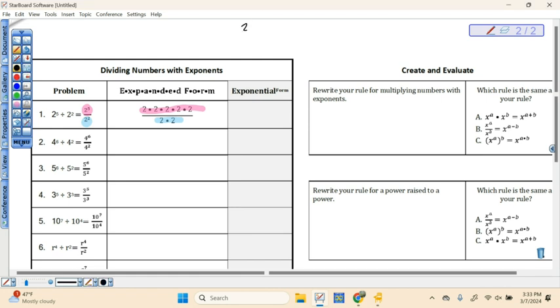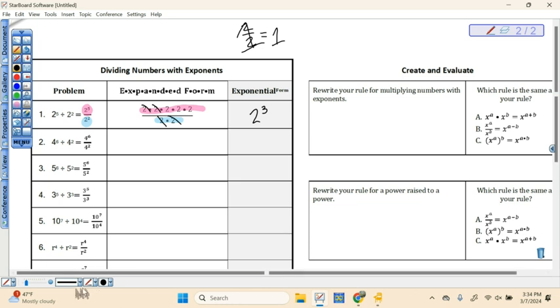And tell me, what does 2 over 2 equal? 1, right? When I have the same thing in my numerator and denominator, they just cancel out to be 1. So if I have 2 in my numerator, 2 in my denominator, they cancel each other out. So how many 2's are left over?